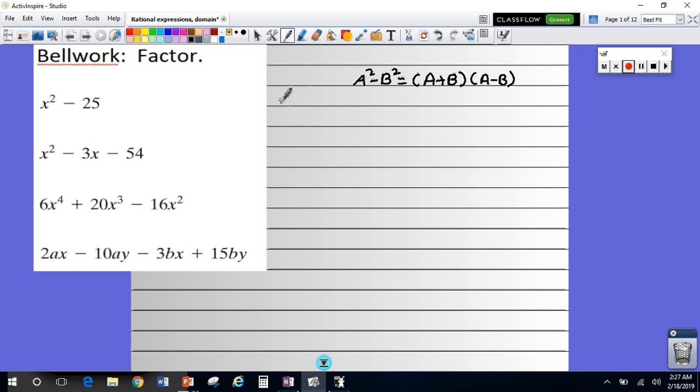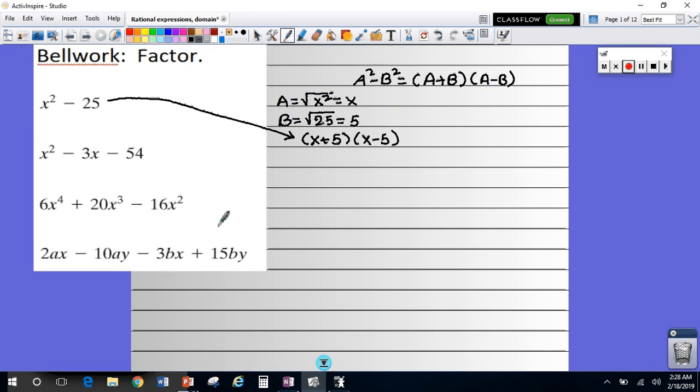So here a equals square root of x square, which gives you x, and b equals square root of 25, which is equal to 5. Now the factors for this one are a plus b times a minus b. So it is x plus 5 times x minus 5.